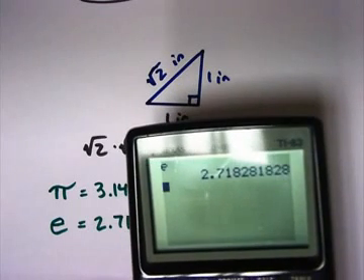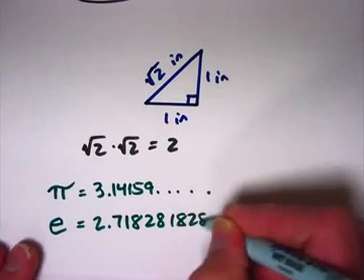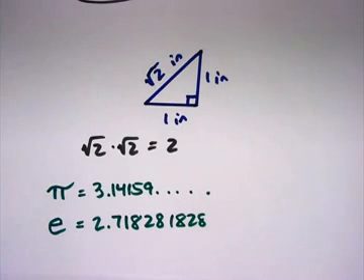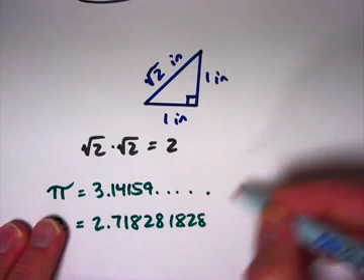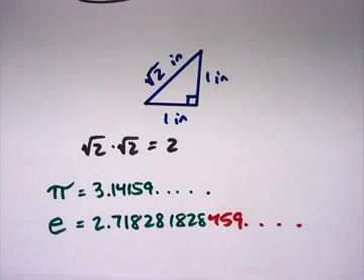It looks like the 1828 repeats. But if you had a calculator with more accuracy, it turns out that it doesn't repeat. Once you get past that last 1828, all of a sudden you get, I'm looking it up here, 459 comes next, and you'll see if you have technology that can show you more decimals that it's not a repeating pattern.